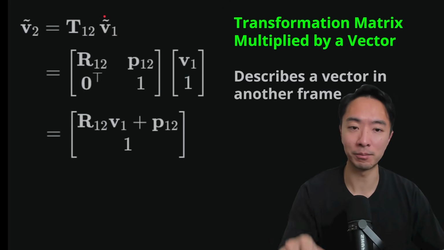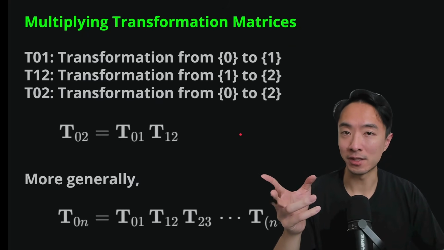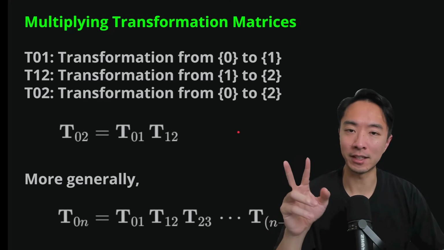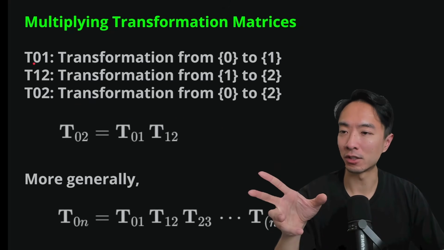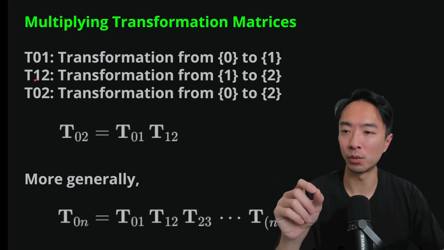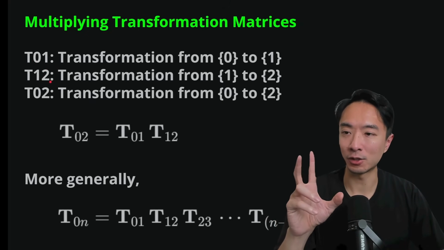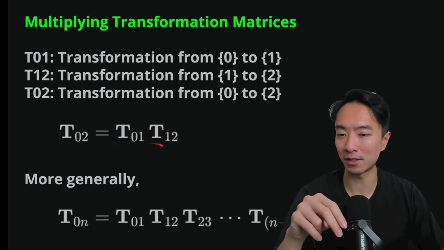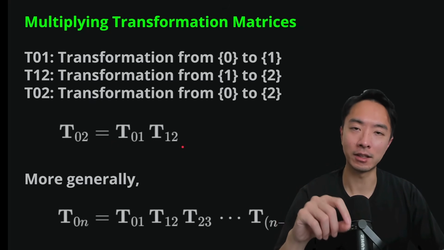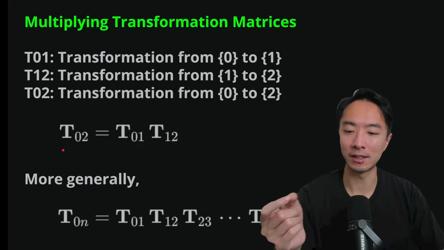Now, when we're talking about transformation matrices multiplication, you need to pay attention to which frame is going between. So when you have a transformation that goes from 0 to 1 and then 1 to 2, we could actually get the transformation from 0 to 2 by multiplying the 2 transformation matrices. So t01 times t12, you get t02.